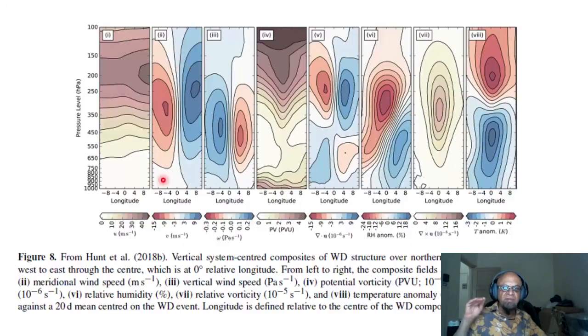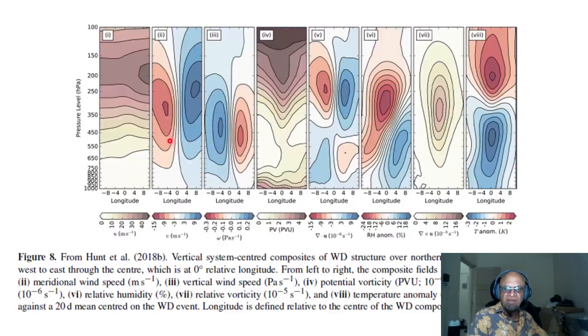So you basically have positive, which means southerly winds here and northerly winds here, and you have omega. So remember, omega is rising when it's negative. So it's ascent here and descent here, as we saw before.